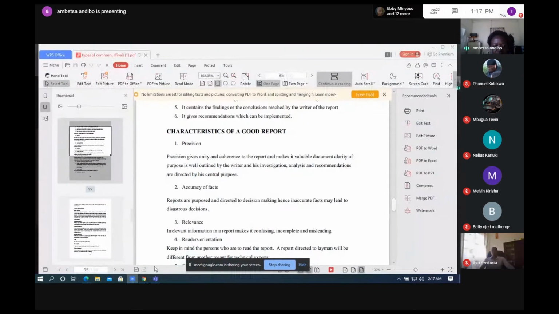The first one is accuracy. So the dates need to be correct. If you're giving quantities, they need also to be correct. Numbers, figures, they need to be correct, especially in cases of something like a budget.